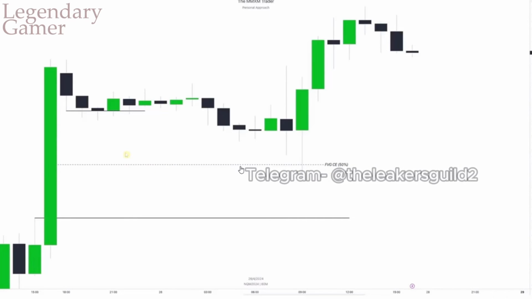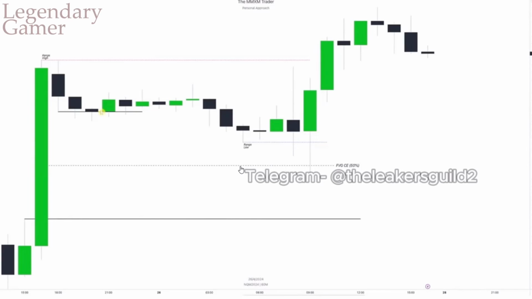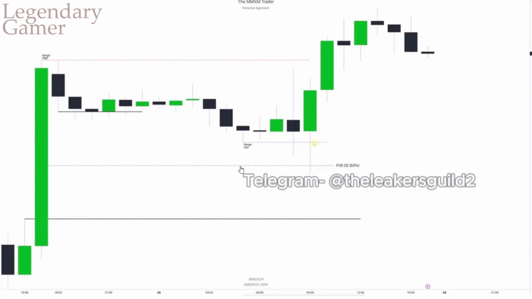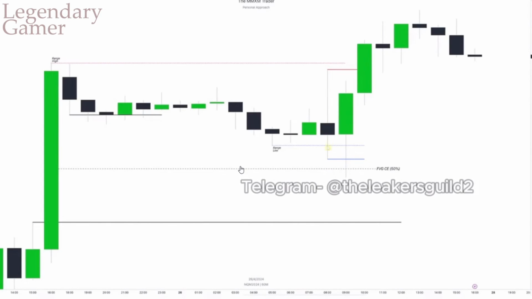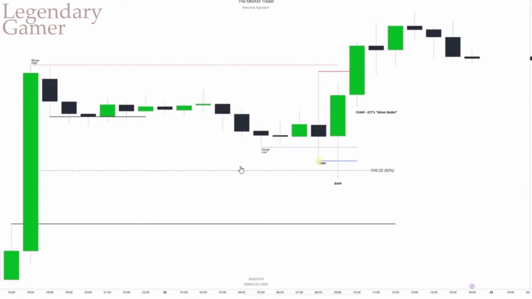So let's outline the range we're trading with, right? We've got the range high up here, and then this range low gets purged, right? So what timing do we get over here? We can outline this candle's range low and the candle range high. So we know we want to be taking out that candle's range low first, which is the 8 a.m. candle low.